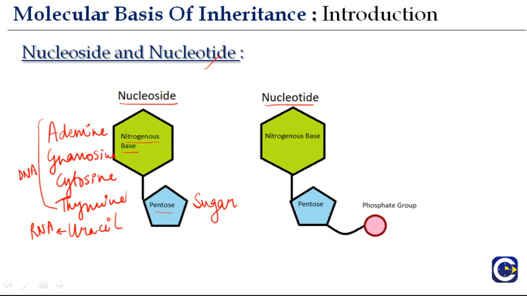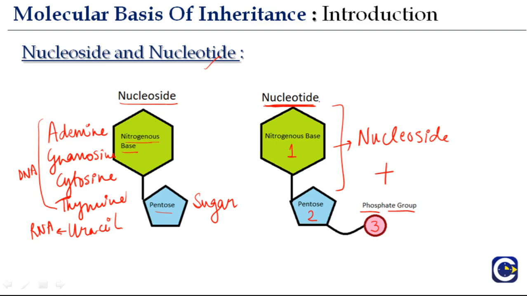Now, what is a nucleotide? A nucleotide is the structural unit of nucleic acid. It is the structural unit of both DNA and RNA. A nucleotide contains a nitrogenous base, a pentose sugar and a phosphate group. So basically, a nucleotide is a nucleoside plus a phosphate group.